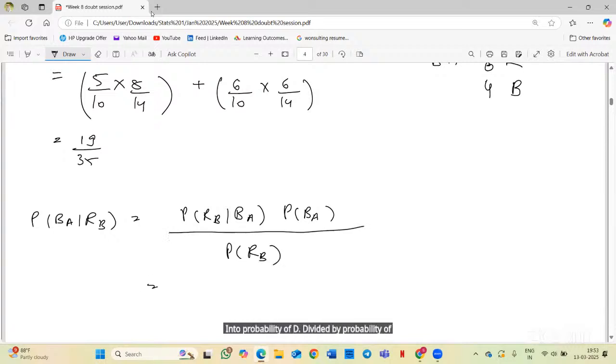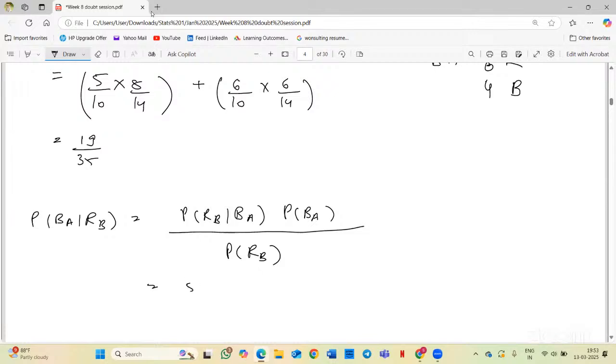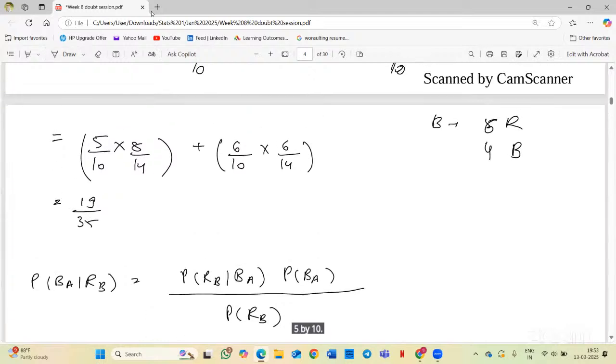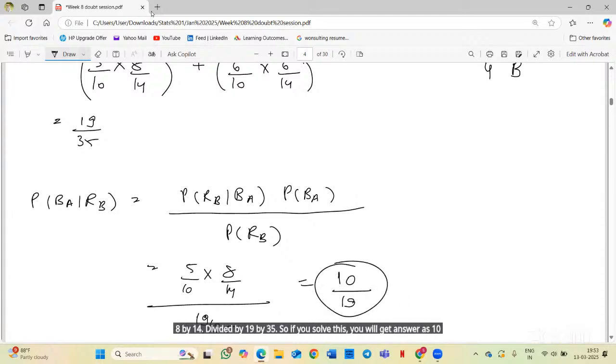My probability of RB given BA is 5 by 10, into probability of BA, which is 8 by 14, divided by 19 by 35. If you solve this, you will get the answer as 10 by 19. Now you understood?